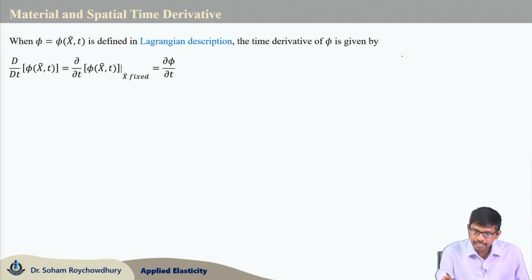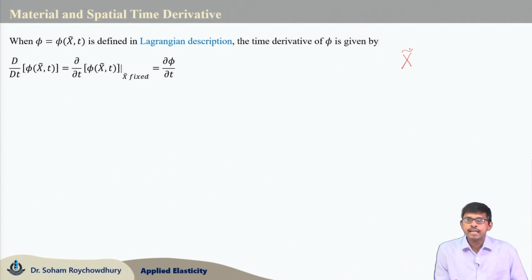Now, capital X is defined as the position vector in undeformed or initial configuration, and this is always a fixed quantity. These are not changing with time. Thus, del capital X del t equals 0, and for such cases the total time derivative of phi is nothing but the partial derivative of phi with respect to t.